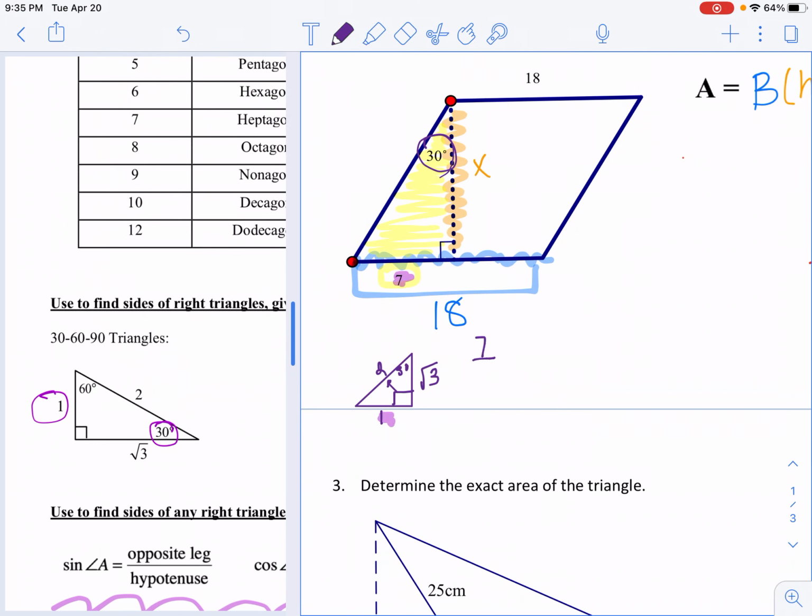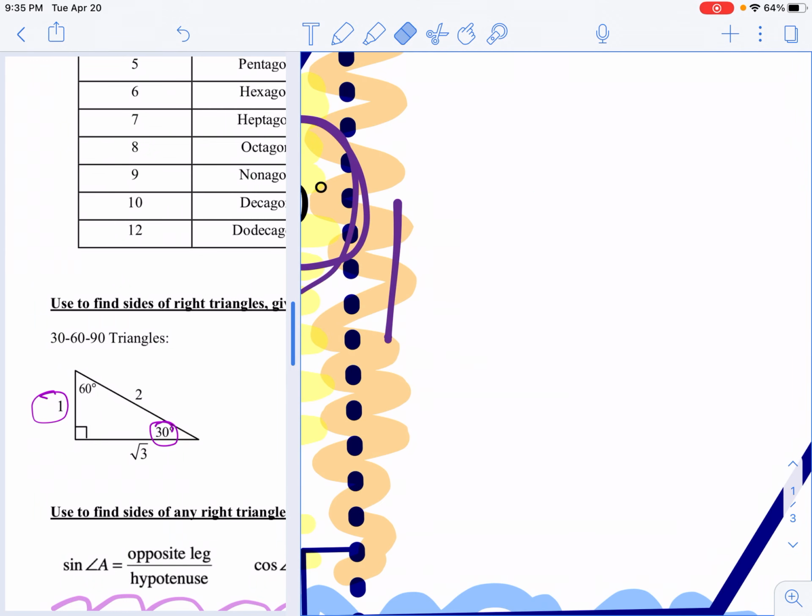So I'm going to do 7 over 1. And the x and the root 3 correspond. They're in the same location. So it's x over root 3. And I'm going to go ahead and cross multiply. 1 times x is x. 7 times root 3 is 7 root 3. So that now means that the height is 7 square root 3.